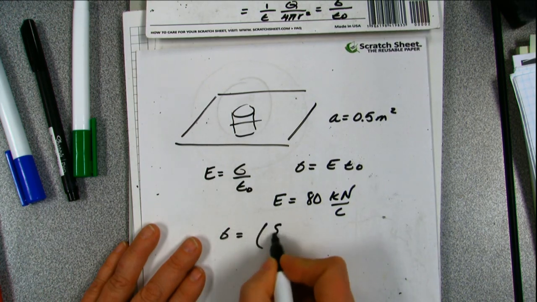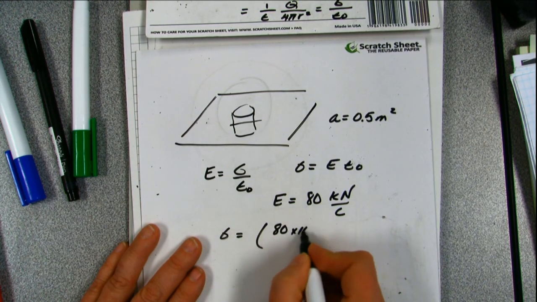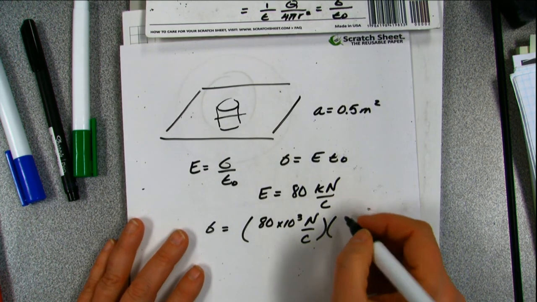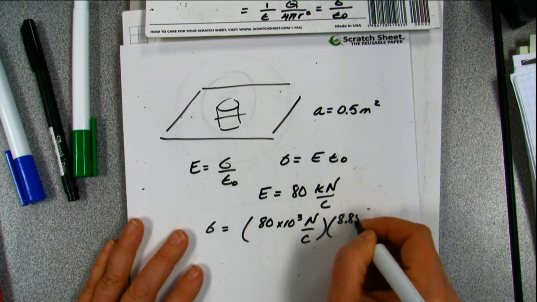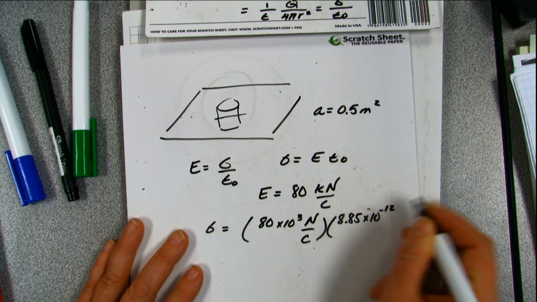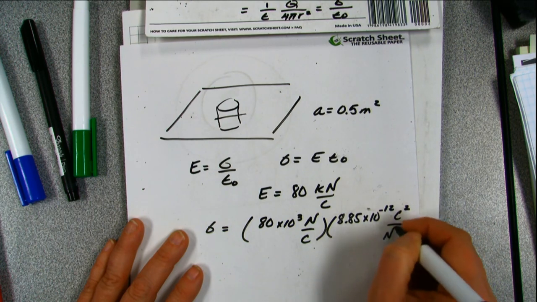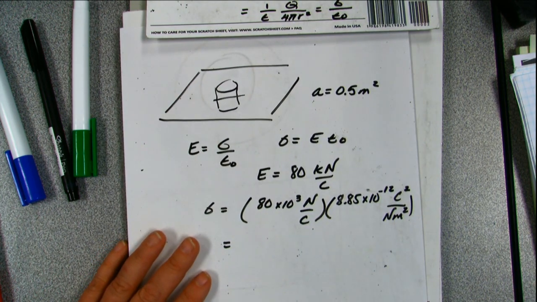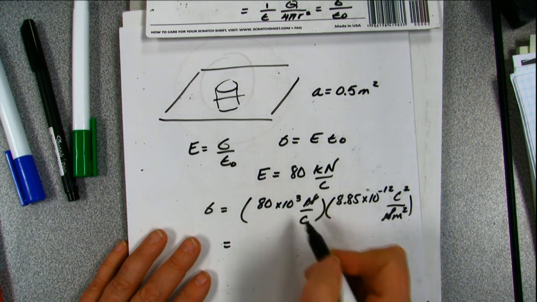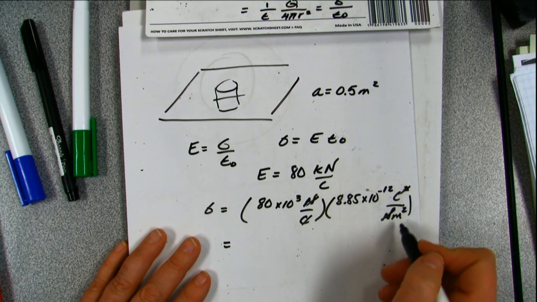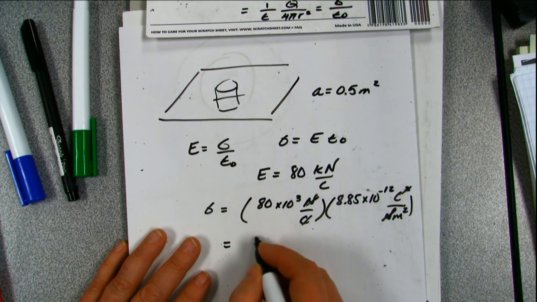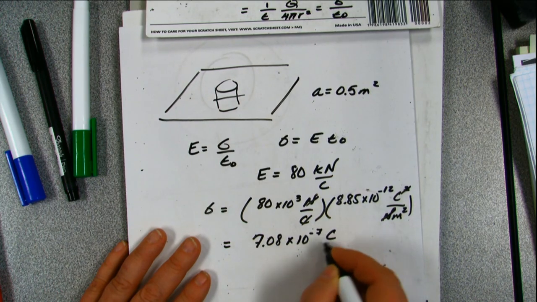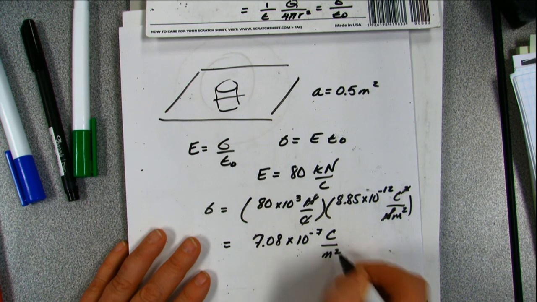So I get 80 times 10 to the third newtons per coulomb times 8.85 times 10 to the minus 12 coulombs squared per newton meters squared. The newtons cancel, and I get coulombs per meter squared, which is good. That gives me 7.08 times 10 to the minus 7 coulombs per meter squared.